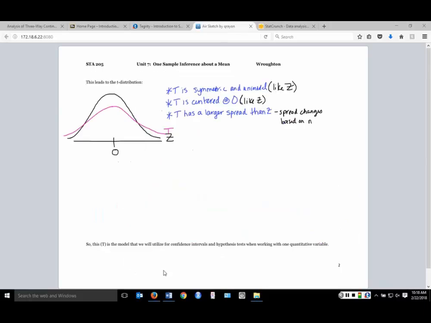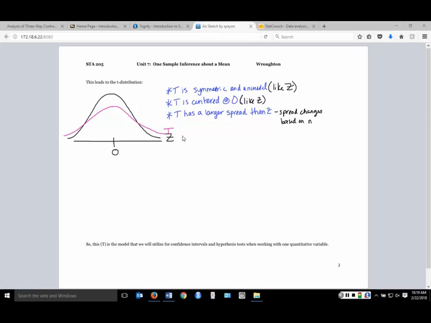So the spread really is changing based upon how much trust I am able to put into this standard deviation that I'm getting. So as we start working some things inside this set of notes, when we're drawing this T distribution, it's not really going to feel real different here for us.